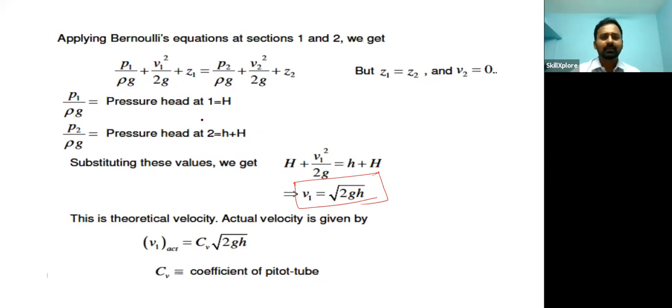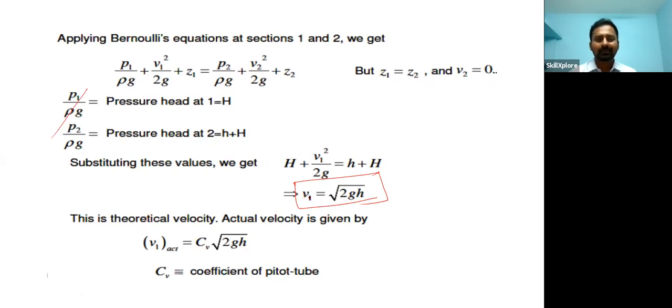Since the tube is in a perfectly horizontal position, we don't need the pressure head here. The exit velocity in the tube is nearly equal to 0. We need the entry velocity here, so to calculate the entry velocity, we need this equation.